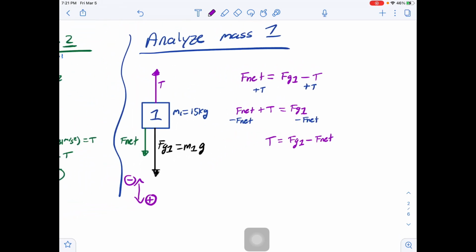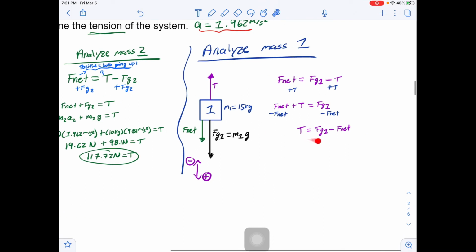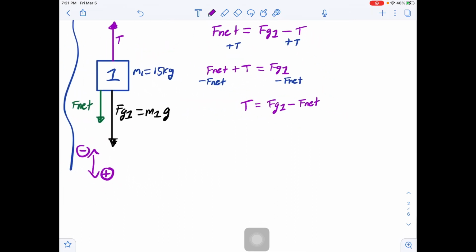And here we can see something really interesting. This tension added our net force and the force of gravity, whereas here, this tension is taking my force of gravity and subtracting my net force. So let's see what happens when we plug in our values.